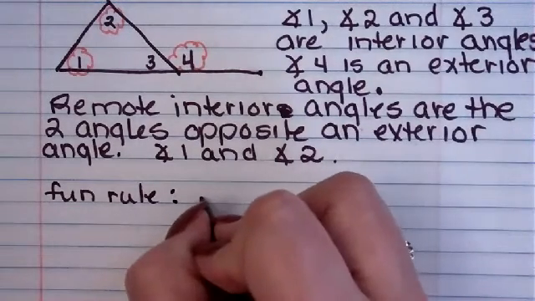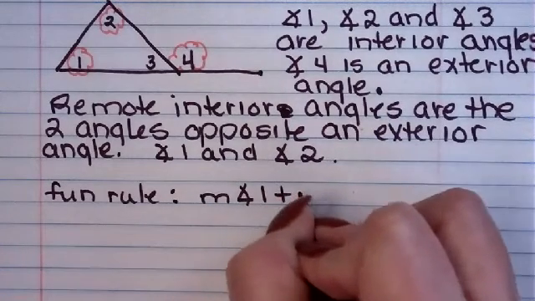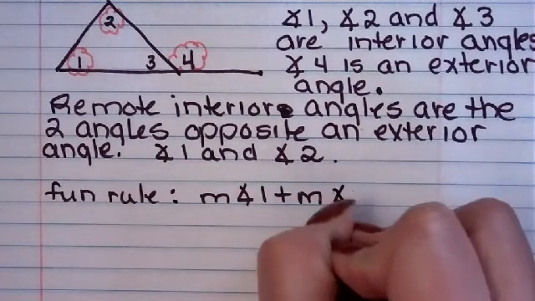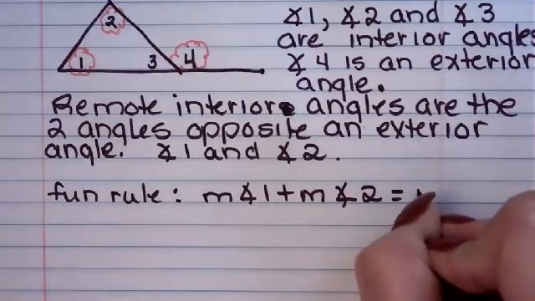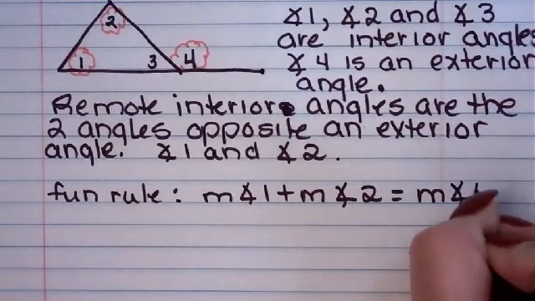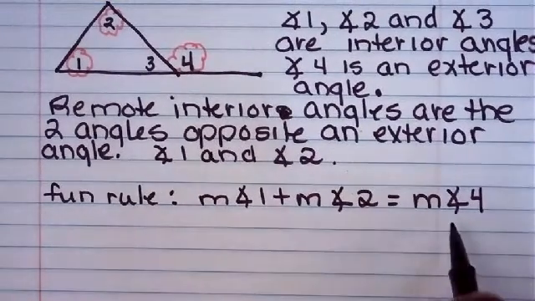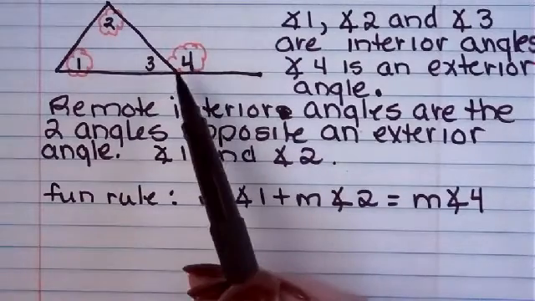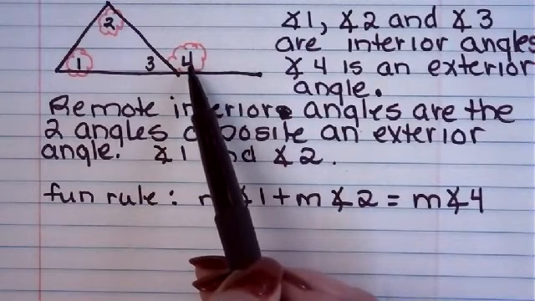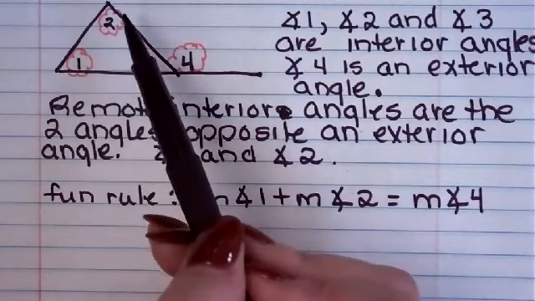That the measure of angle 1 plus the measure of angle 2 is going to equal the measure of angle 4. So what that's really saying is that exterior angle 4 is the same measurement as these 2 opposite angles added together.